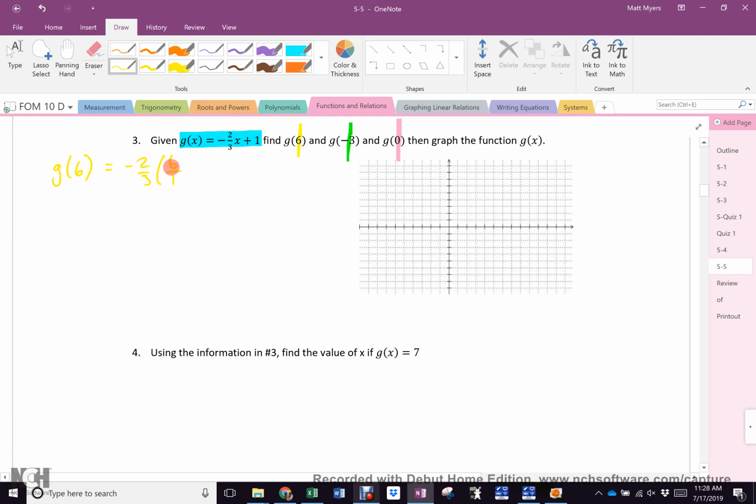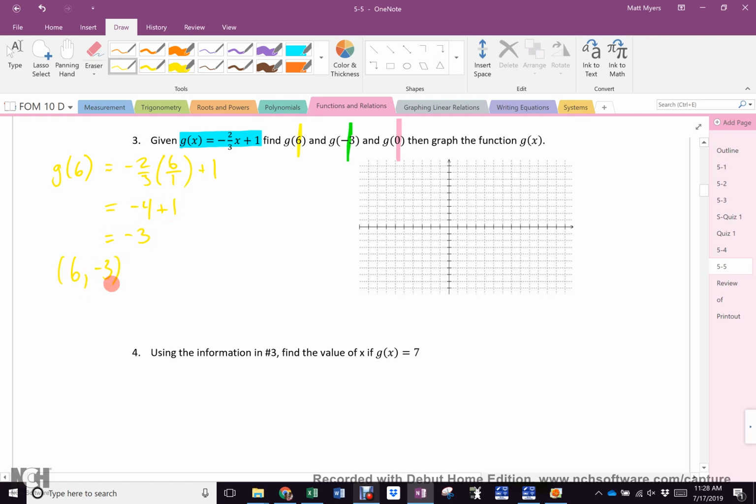Now, it might help you to write 6 over 1, plus 1. What is negative 2/3 times 6? Negative 4 plus 1 equals negative 3. What is the point on the graph?